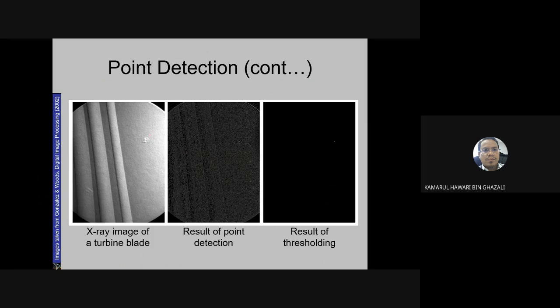So if we want to detect this one, we perform point detection. It finds very tiny points, and we perform thresholding. We remove other regions that we don't want. So this is point detection.